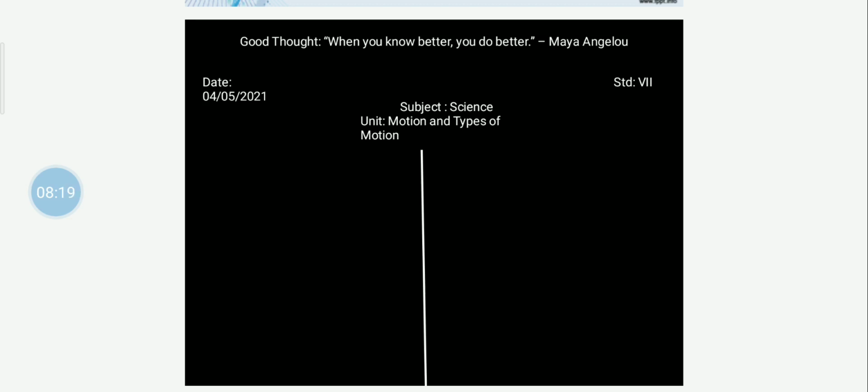Primary notes should include the date we are going to teach, the subject, whether science, social science, maths, Tamil or English. Then the daily thought, an important thought said by somebody, so that students become aware of it. Next, the standard in which we are going to teach, the unit, and in the unit the subunit.